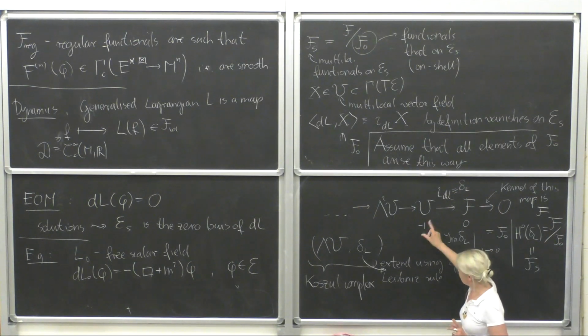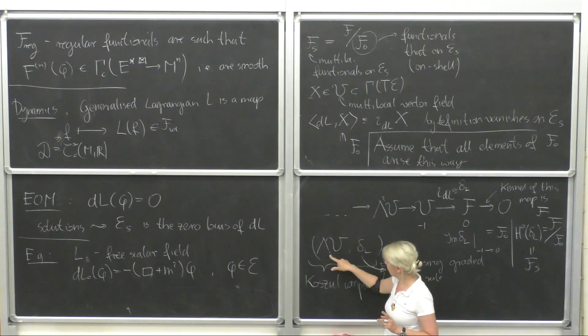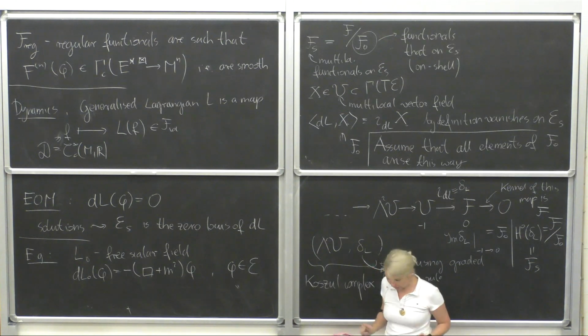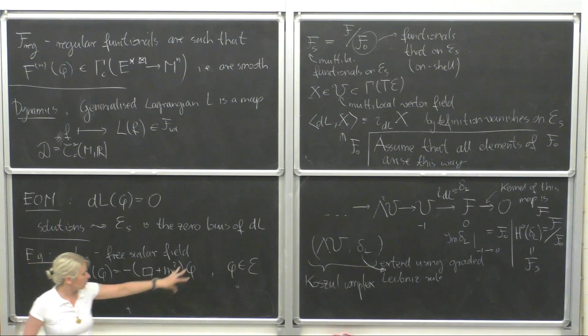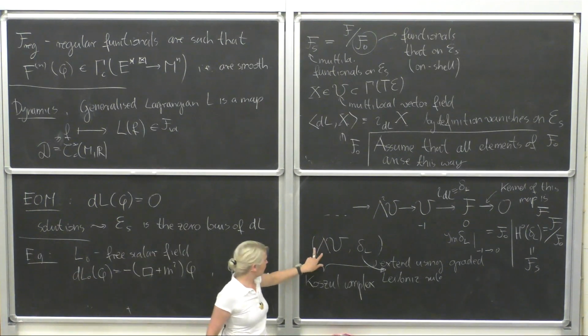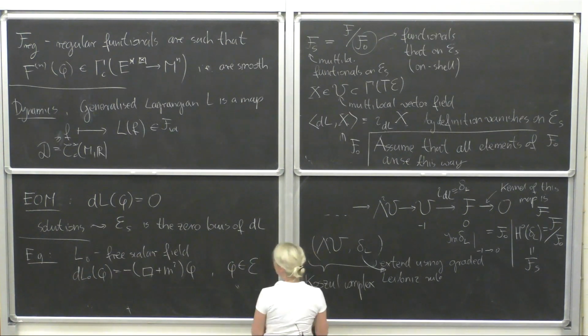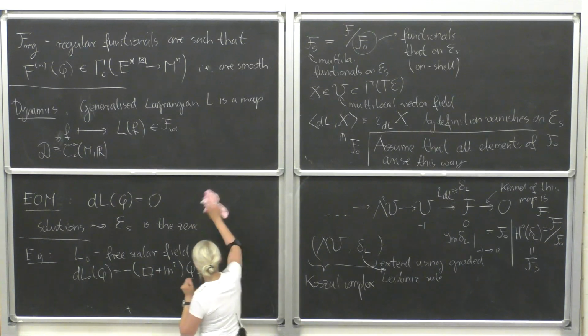So we have this exterior algebra over V. This also has another name. This is the space of multi-vector fields. So V is vector fields, and this is multi-vector fields.